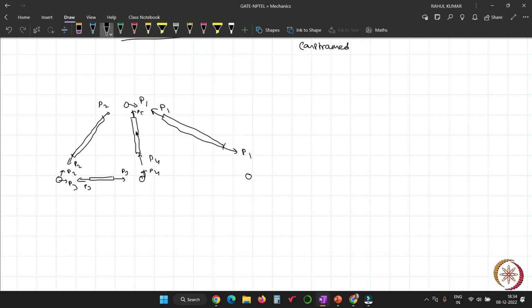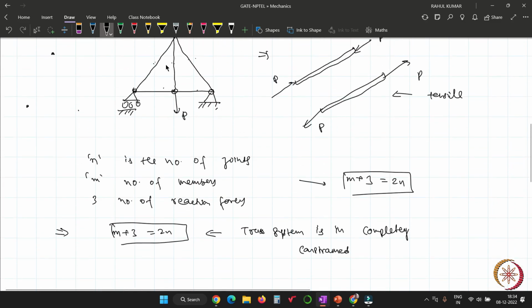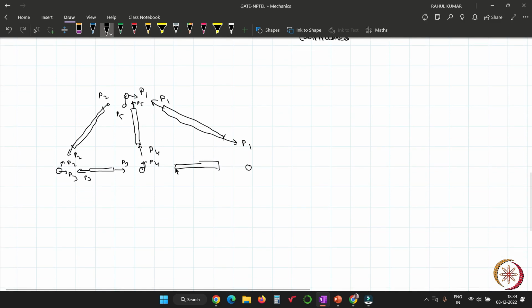Suppose there is P5, then there will be P5, and there is one more member here. Have I made any mistake? How many members are there? 1, 2, 3, 4, 5 members. Right, so here P5, and here also P5, and here P5. And here is P1, then there will be P1.